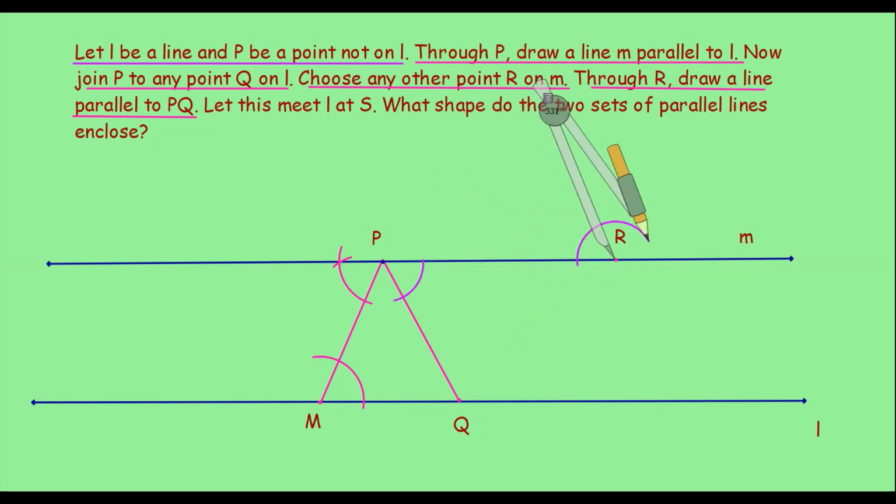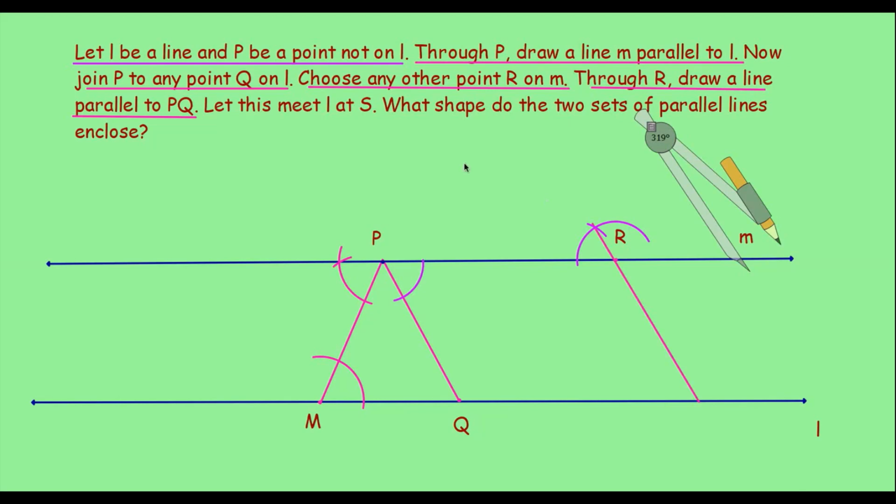Now measure the length of the arc with the same radius and with this intersecting point as center, draw an arc. Now join this intersecting point with this point R. It will be a line parallel to PQ. Let this meet L at S. So S is the point on L.